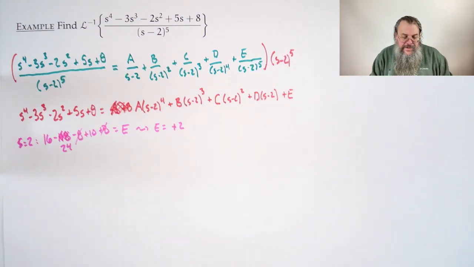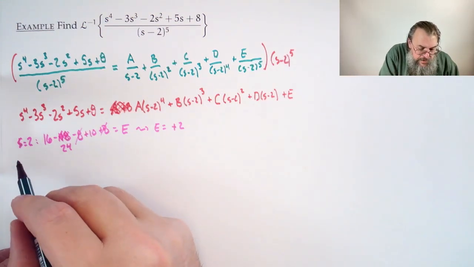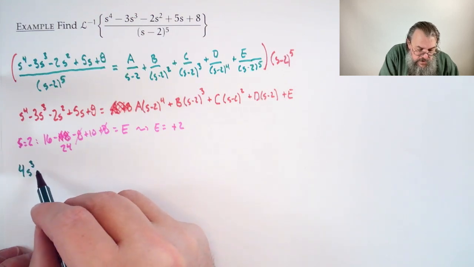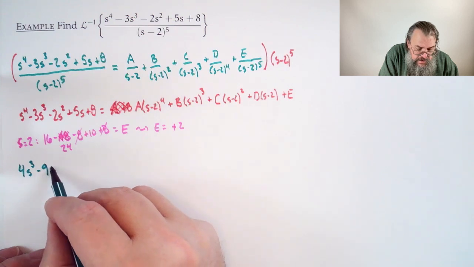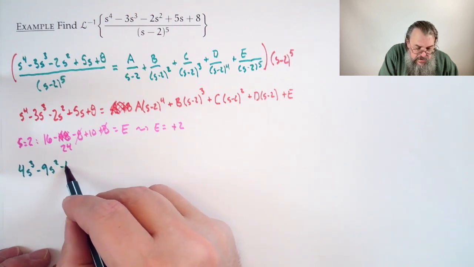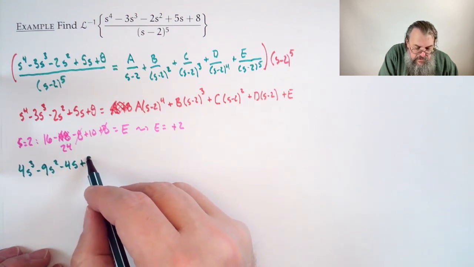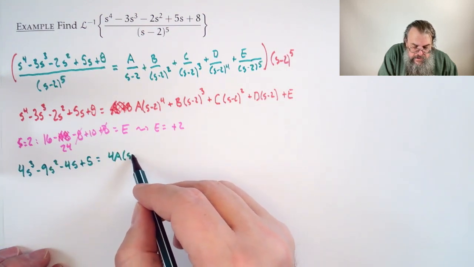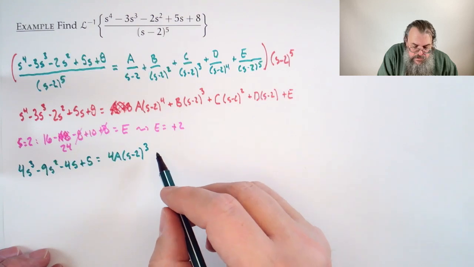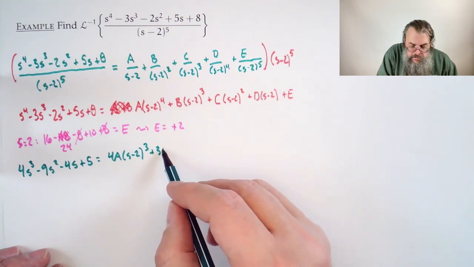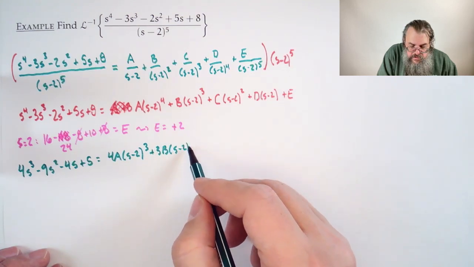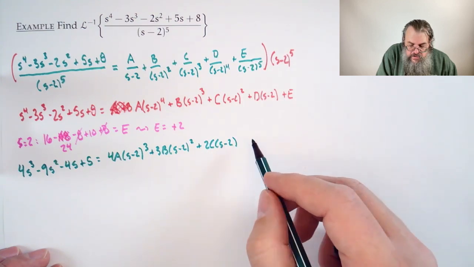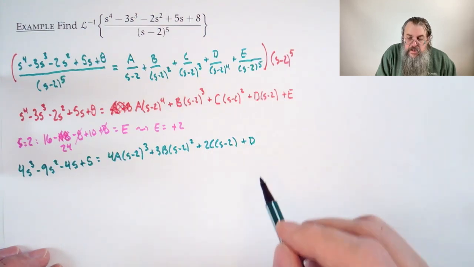Absolutely we're allowed. Okay, so when taking our derivative, we would have 4s cubed minus 9s squared minus 4s plus 5 equals 4a (s minus 2) cubed plus 3b (s minus 2) squared plus 2c (s minus 2) plus d.